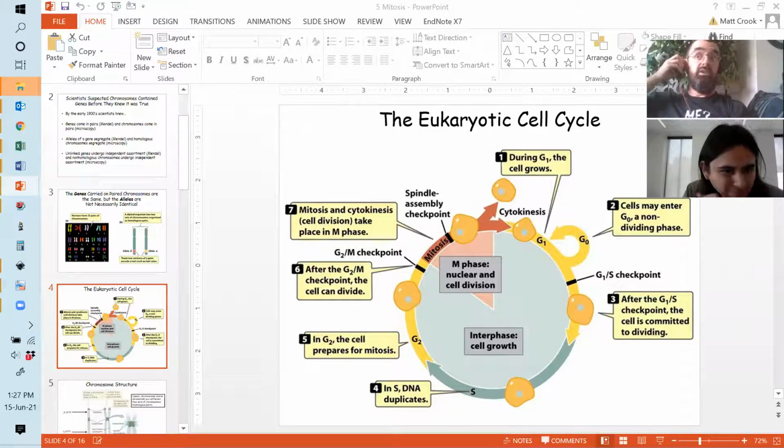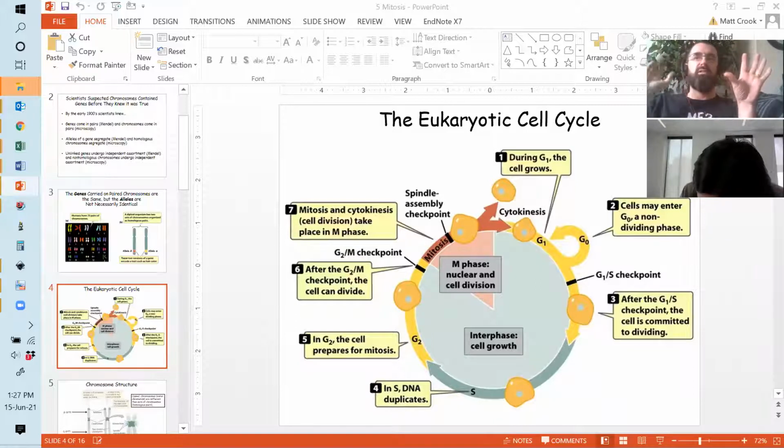Because again, you don't want to go into M phase where you divide up the DNA if you don't have 2 equal portions to give each daughter. That would be disastrous for many, many reasons.